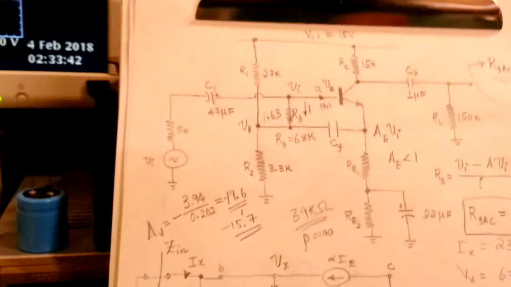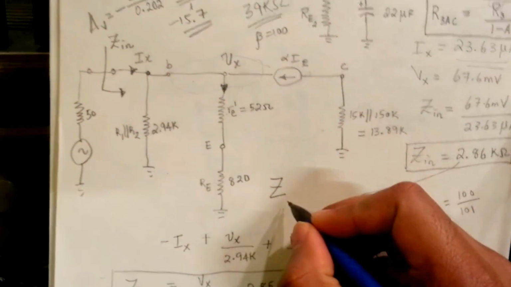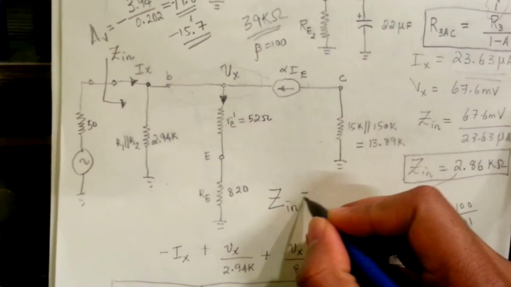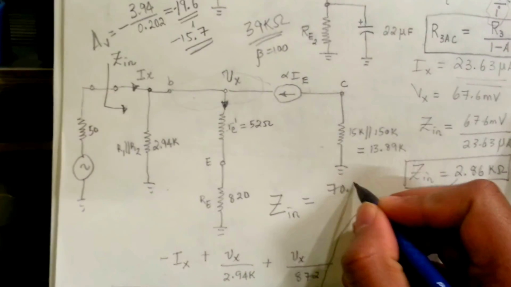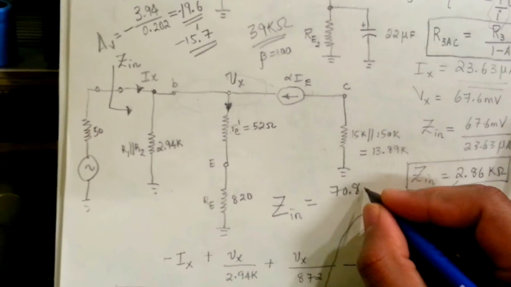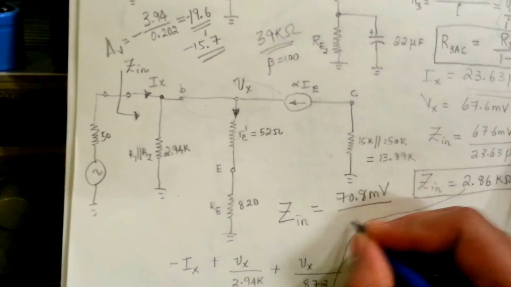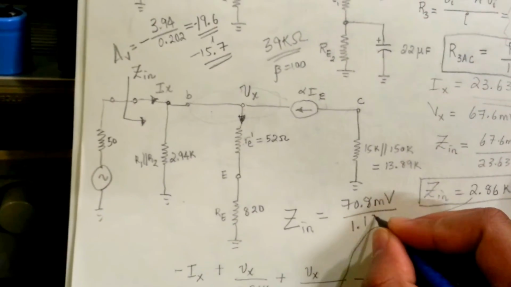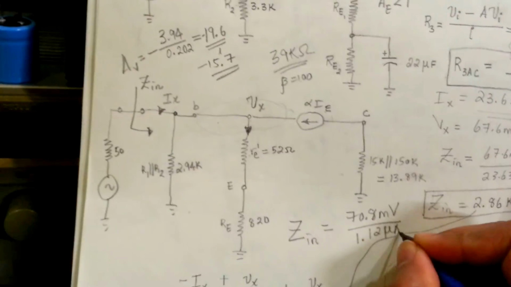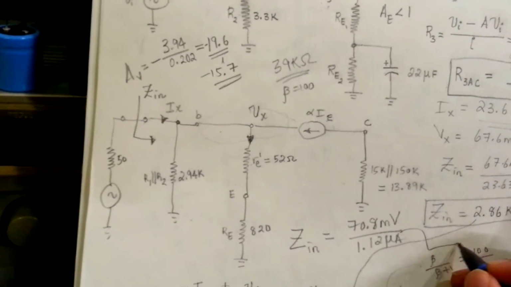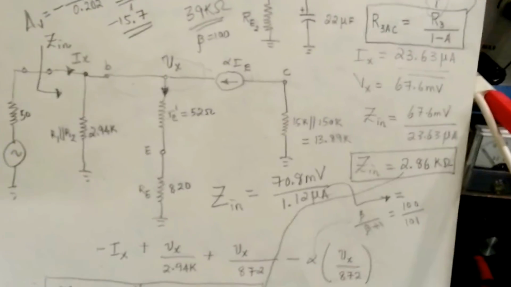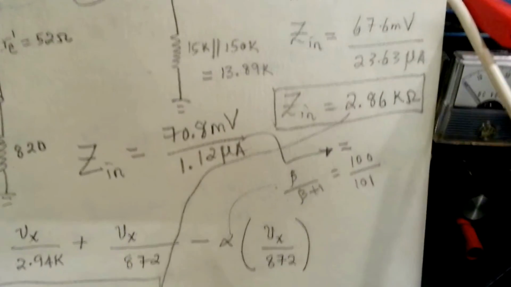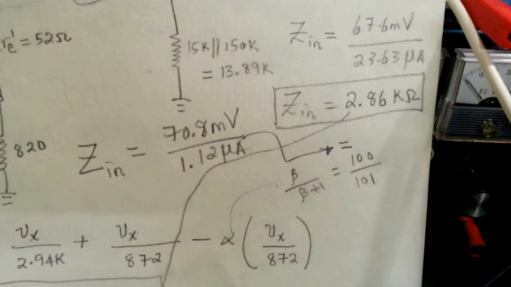So our new Zin, I'm going to calculate it here: we're putting in 70.8 millivolts divided by 1.12 microamps. So what do we get here? Our new Zin is our improved Zin, right? Let's get that closer so you can see better.